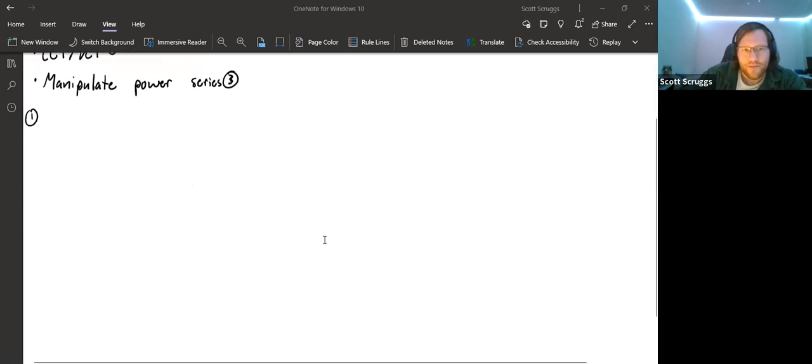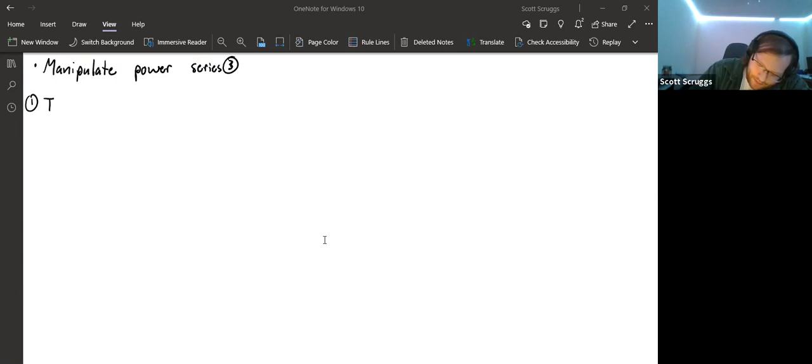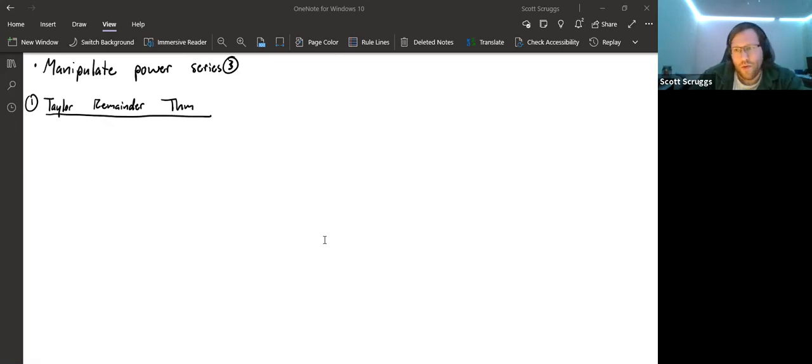So first thing, the Taylor remainder theorem. Before we start doing problems, let's do a recap of it and talk about the hurdles and how to typically solve these things.